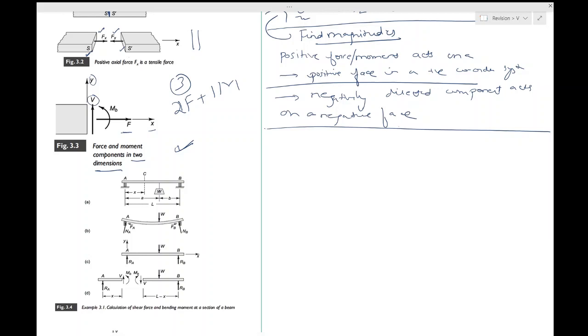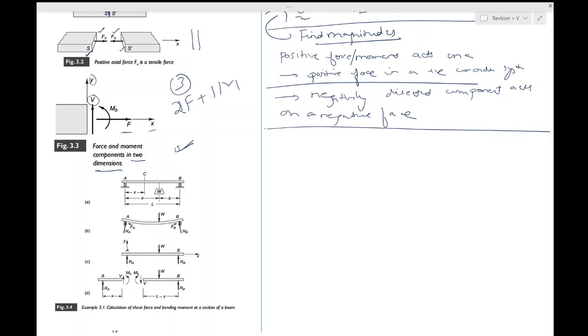Isolate one of the segments and repeat step 2, which is the equilibrium of forces and moments. We have actually already done this in some problem before, in which you had to find the actual axial force on a bar. So we took it at a distance x and virtually we had cut that. So now we'll do it in a much more rigorous way.